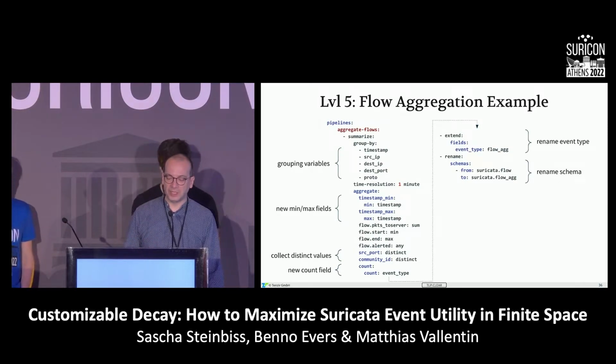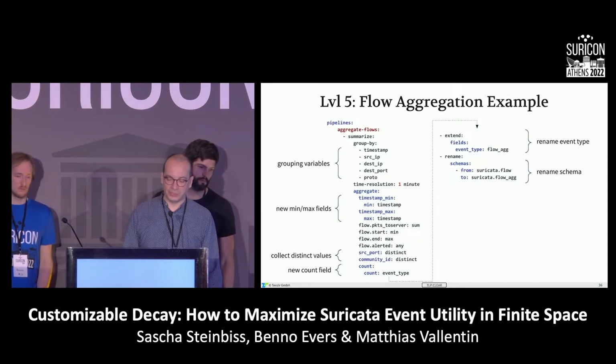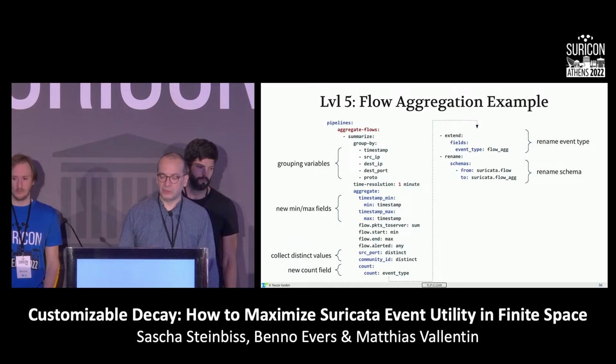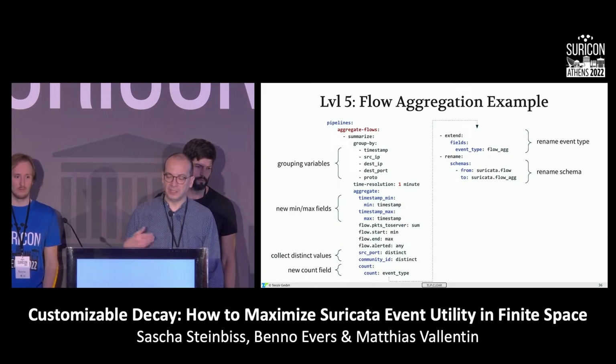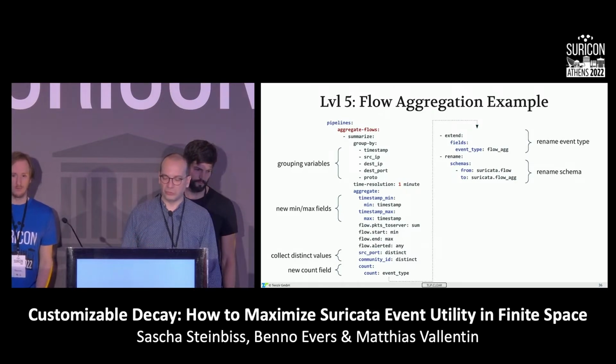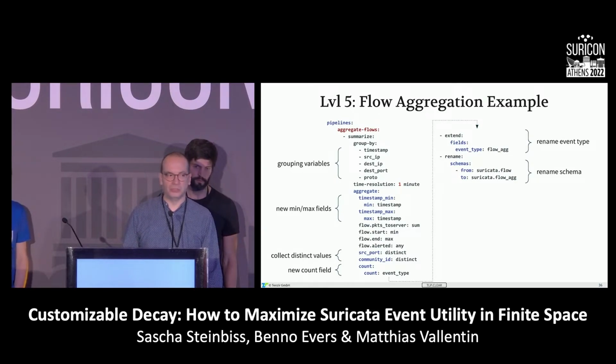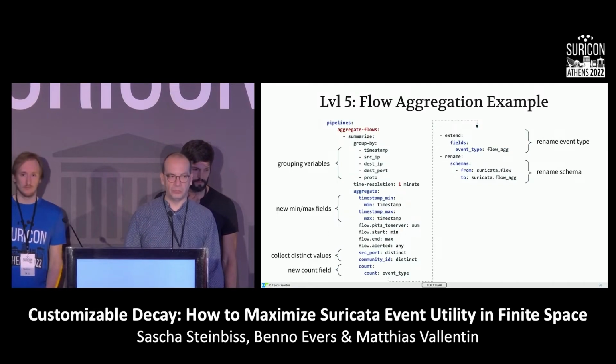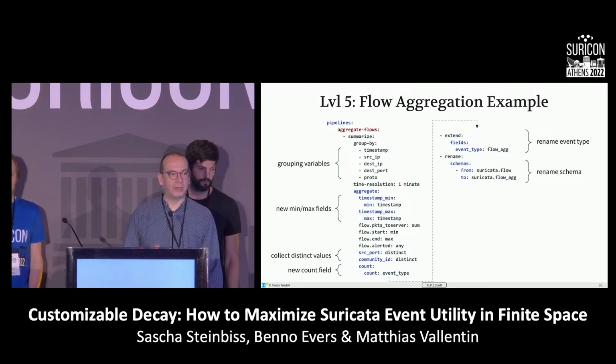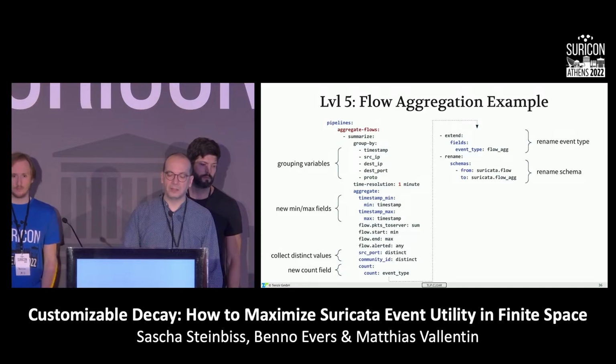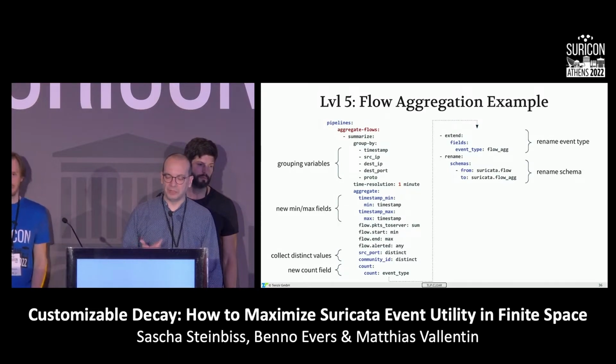This is basically like a group by statement in SQL. For flows, for example, we would like to aggregate those flows that have the same source IP, destination IP, and destination port. We can't obviously expect that the source port be always the same. And the protocol, which is TCP or UDP. And we want to do this with a resolution of 1 minute, so we aggregate the flows that fit this description over intervals of 1 minute.